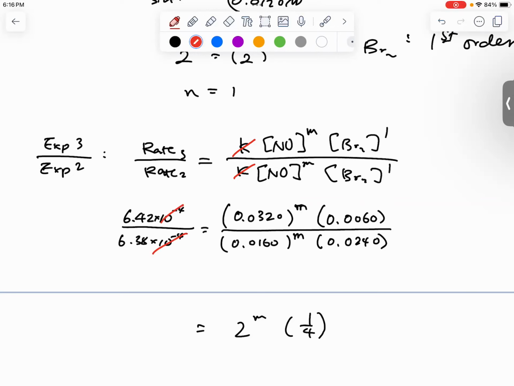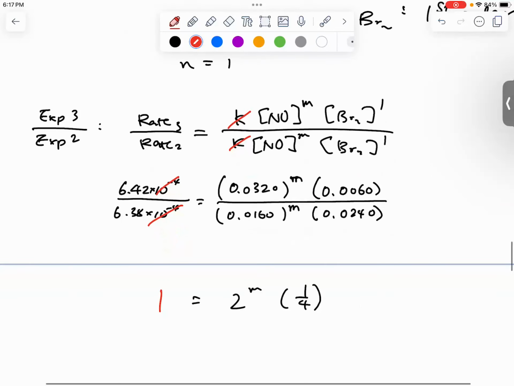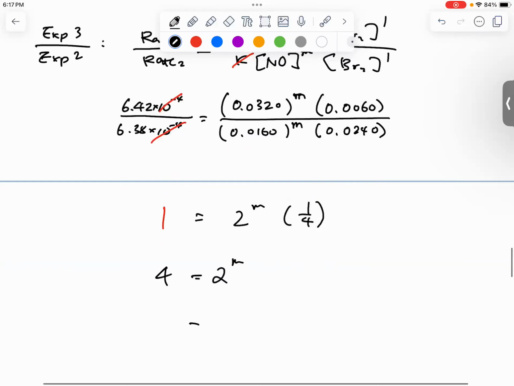What is 6.42 over 6.38? That's almost 1. So 4 is equal to 2 to the m power, so m is 2. So the overall order is third order, and NO would be second order.